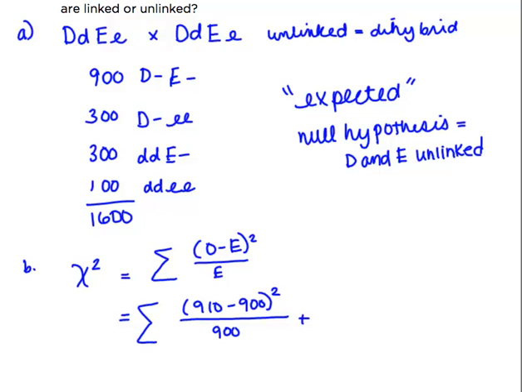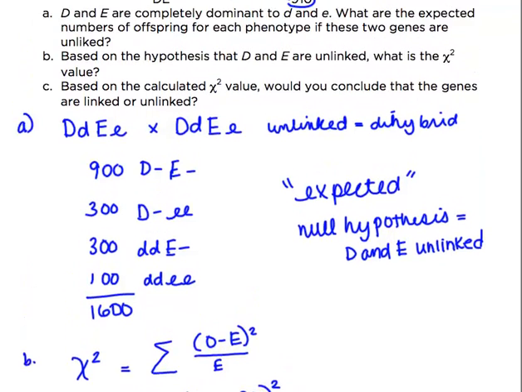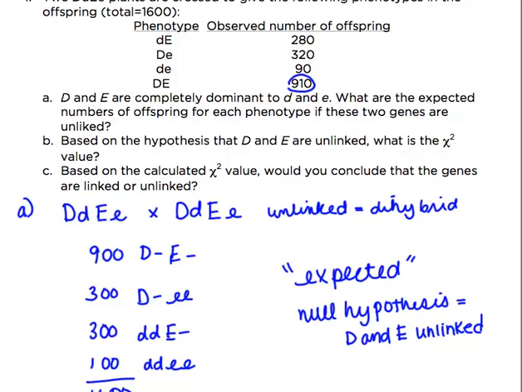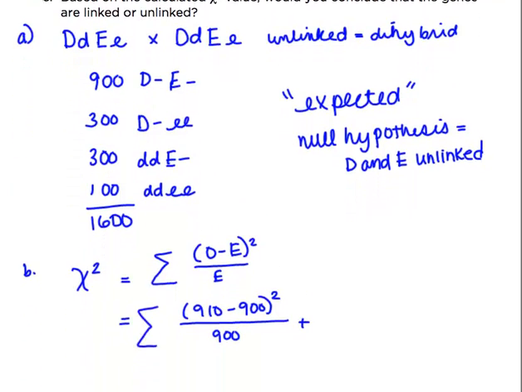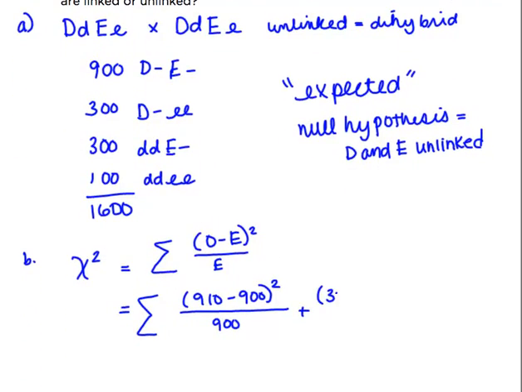The second class, which is dominant for D and recessive for E, we see 320, and we expected 300. Square that, divide by 300.